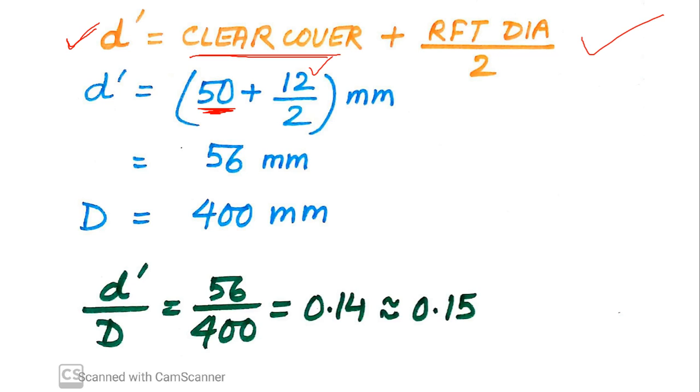So 12 divided by 2, plus 50, gives the value of D dash as 56 millimeters. Capital D, the diameter of the pile, is already known to you. It is 400 millimeters. So the ratio of D dash by D is 56 by 400, that is 0.14. It is quite close to 0.15, which means I can use chart number 57 for my design.